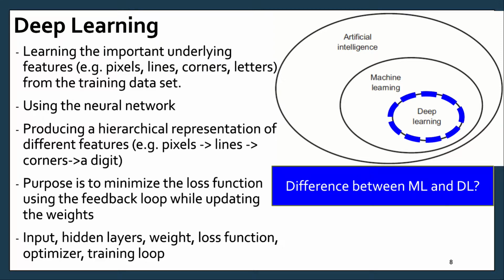How about the difference between machine learning and deep learning? With deep learning, you have many different layers to reach an output. You have input, many different layers to process that, then the output, and you call them neural networks. As you can see on the left-hand side, in the bullet points, it learns the important underlying features.